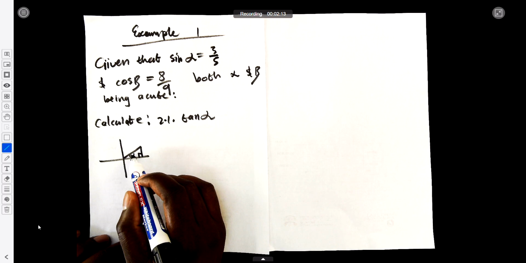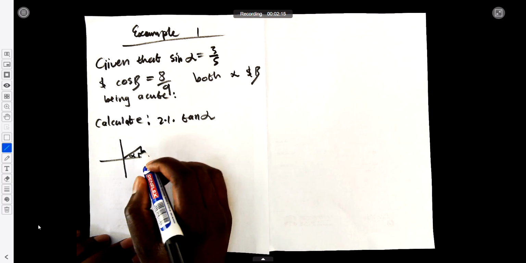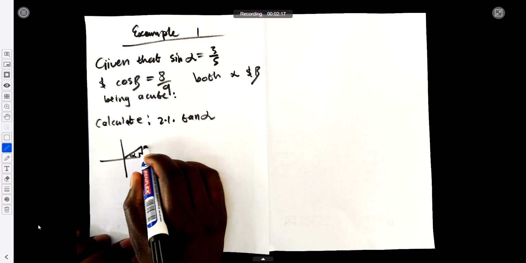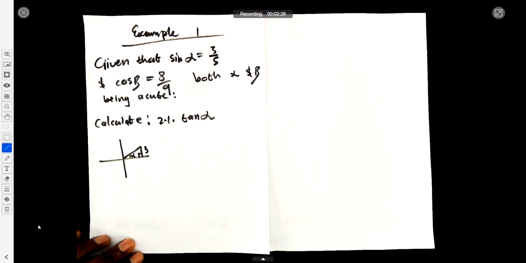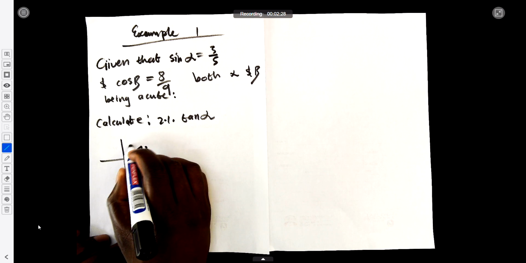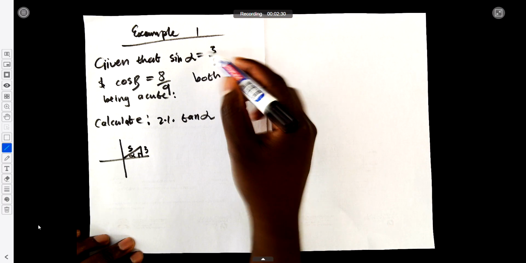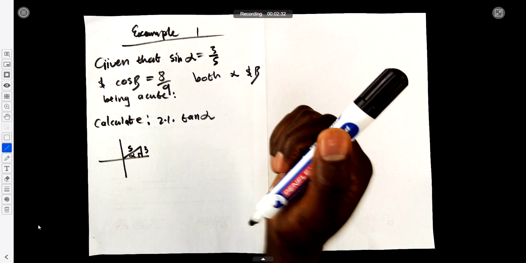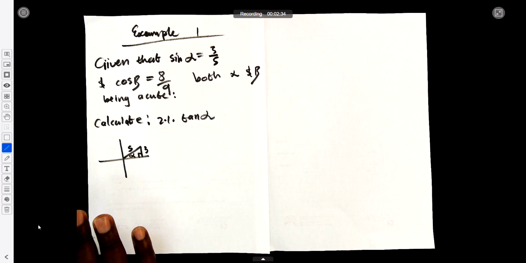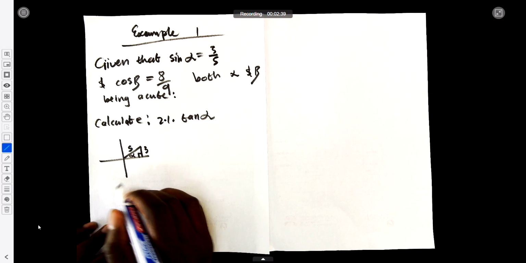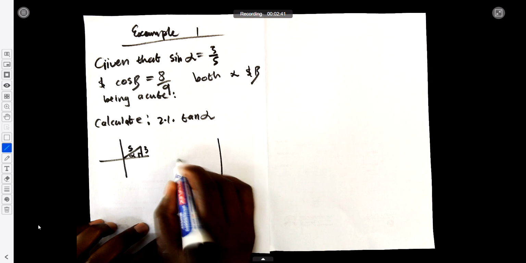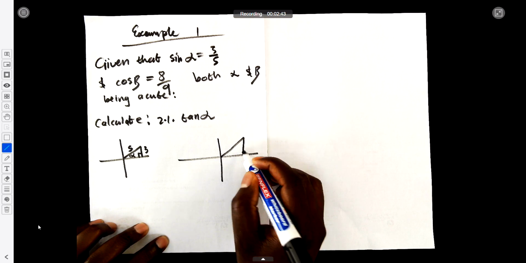As we look into sine alpha, the opposite of alpha is 3, then the hypotenuse is 5. I'm asking a question so that you answer me. So it's given here. Then the second part we need to deduce from the cos beta.